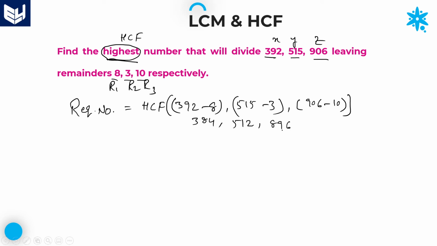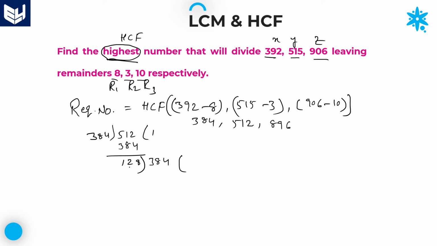Now we need to calculate the HCF of all these three numbers. First I will take the first and second numbers, 384 and 512. One time 384, and the remainder is 128. Now 128 and 384.